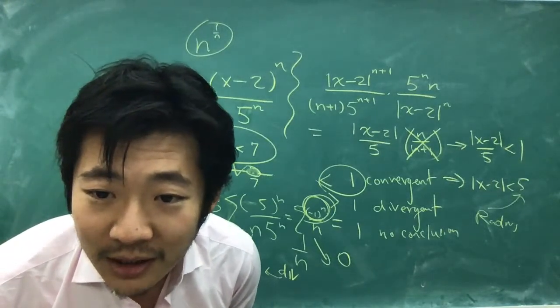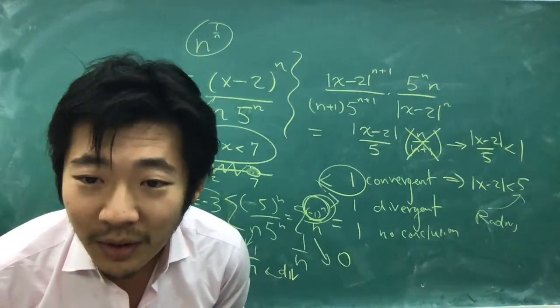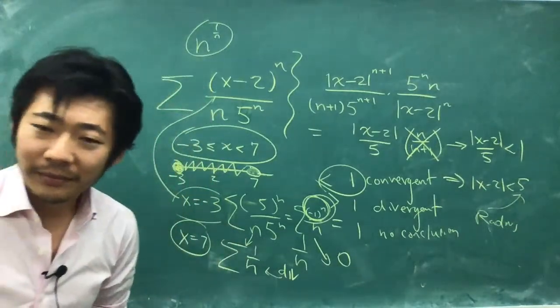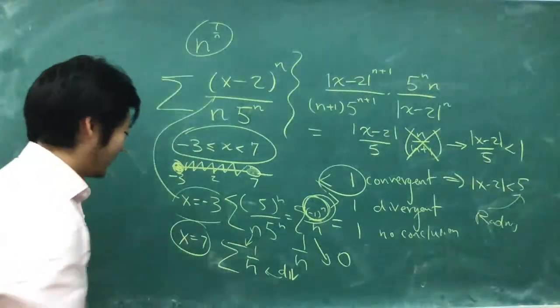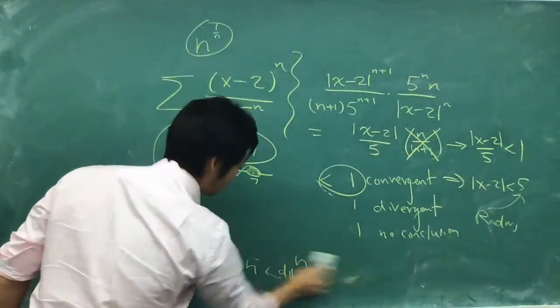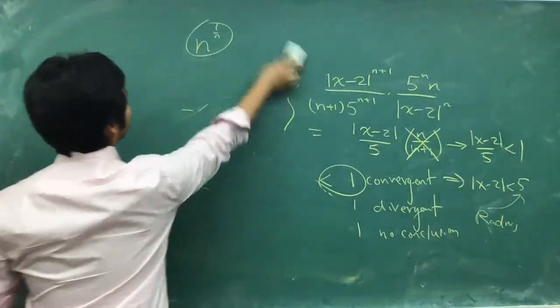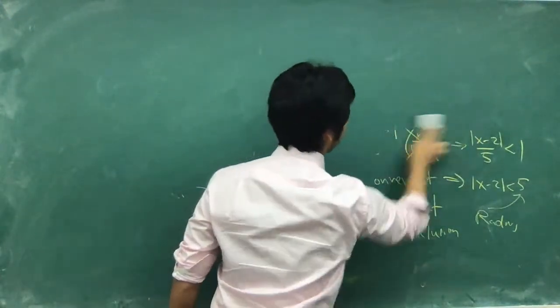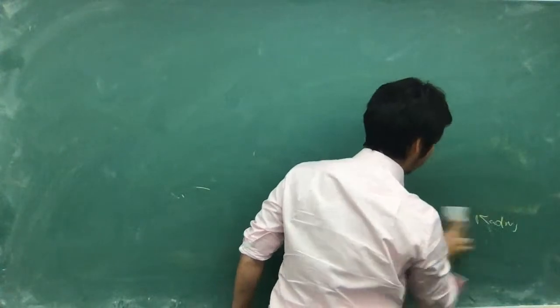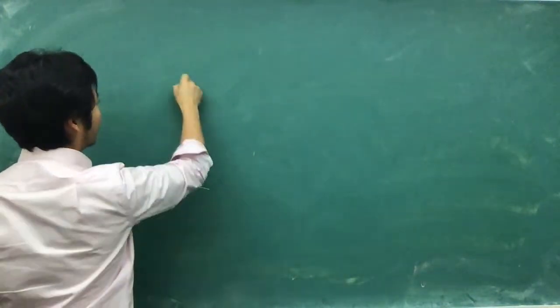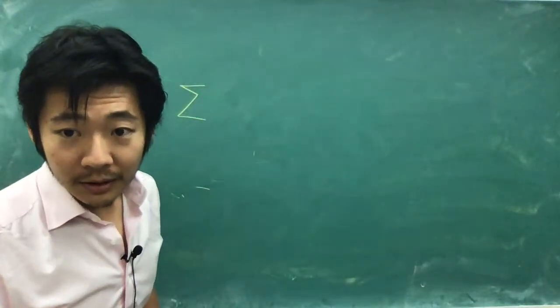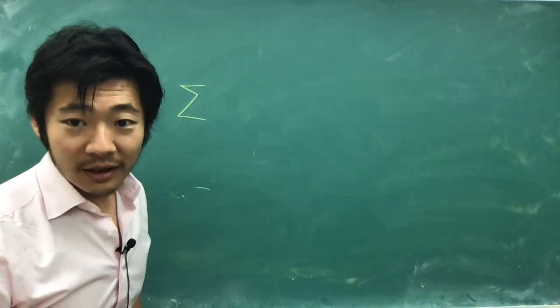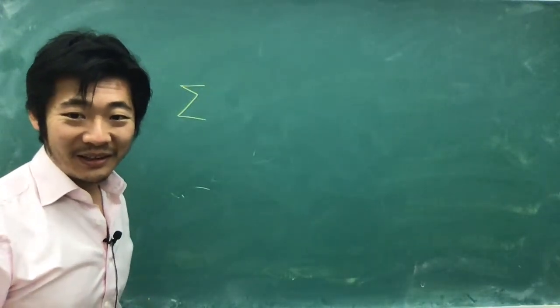4n plus 8 to the 2n divided by that thing. Okay. Could you talk about the final sample later? Which one?